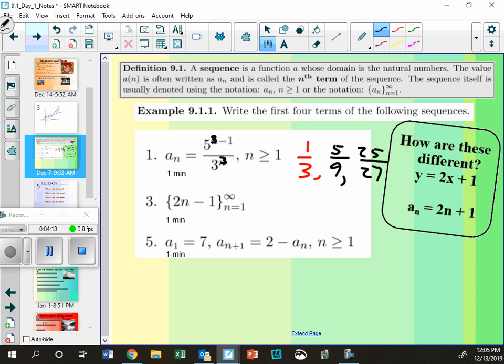Yeah. If you take this and times by 5/3, do you get that? And then if you take 5/9 and multiply by 5/3, do you get that one? Yeah, so it's just times 5/3 every time. That was a geometric, because you're multiplying by something each time. Were we adding something each time? No, that would have been arithmetic. This one was geometric.